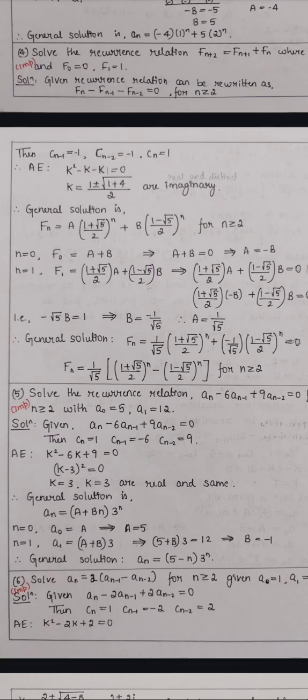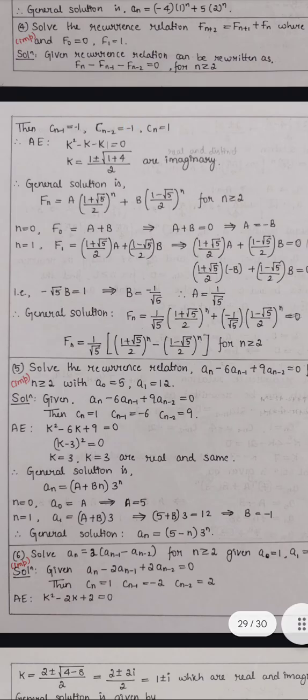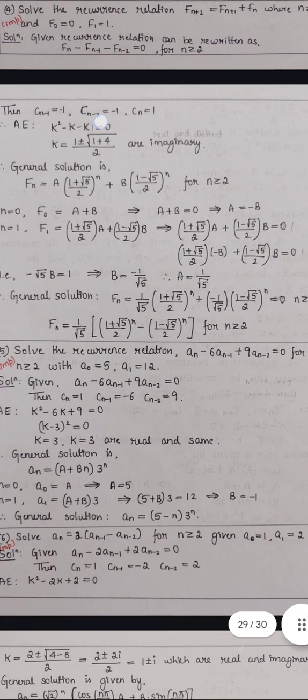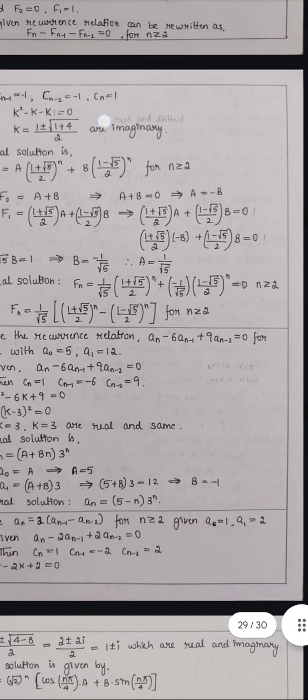So first, f0 is 0, so a plus b equals 0, a equals minus b. Then for f1, we get (1 plus root 5)/2 into a and (1 minus root 5)/2 into b, which equals 1.